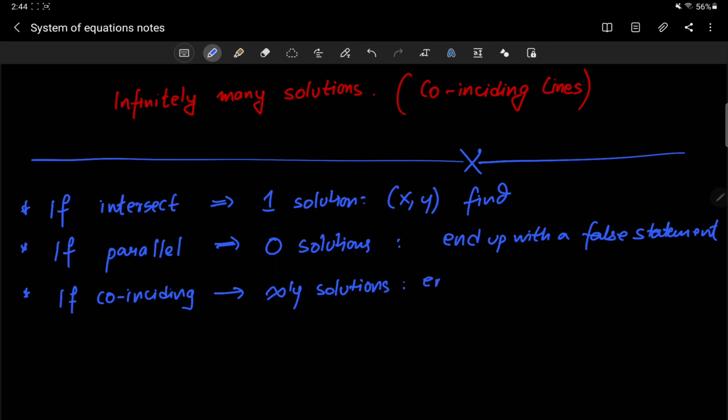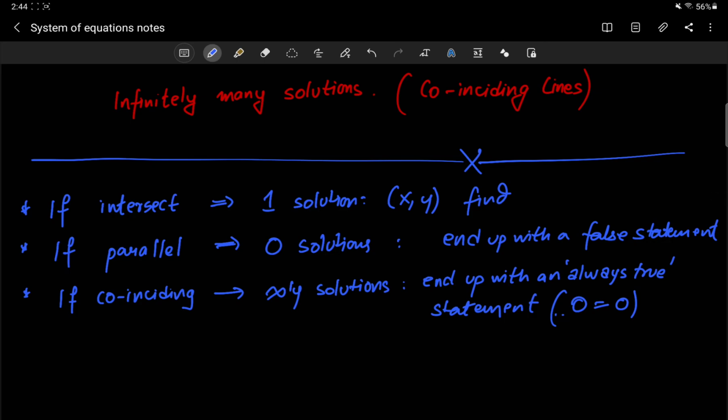which means we end up with an always true statement. Typically, what would happen is you end up with something like 0 equals 0. And in the previous case, you would end up with something like 0 equals negative 1 or 0 equals 1 and so on.